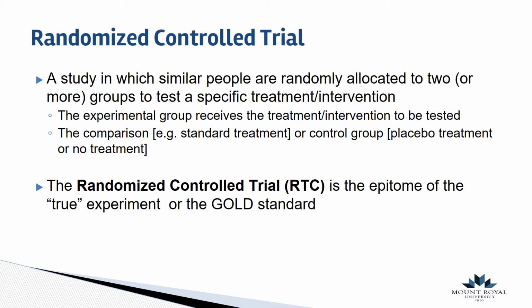So sometimes you might actually have 3 groups, and maybe one group is the standard care cohort, and the other 2 get different treatments, and we're comparing them all, or maybe one gets a placebo. And so it's the comparison of the standard treatment or control group to no treatment in that case. And of course that would have to pass ethical approval.